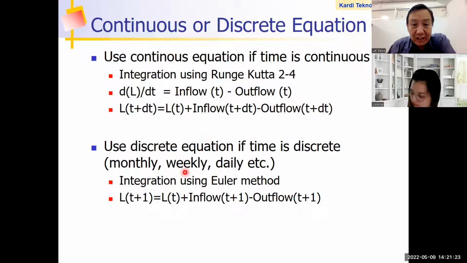If you use discrete, that is simpler, and that is called the Euler method. Can you see the difference? It's exactly the same, except dt now becomes one. This is a continuous system using dt. If you use discrete equation, you will have t plus one. Easy.